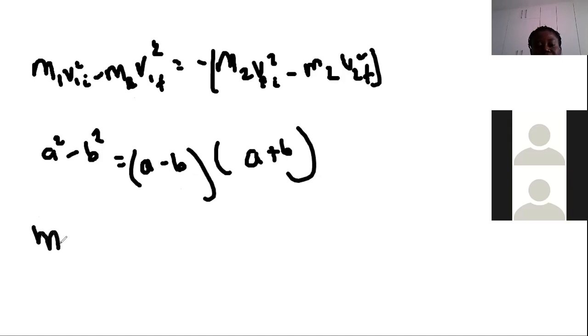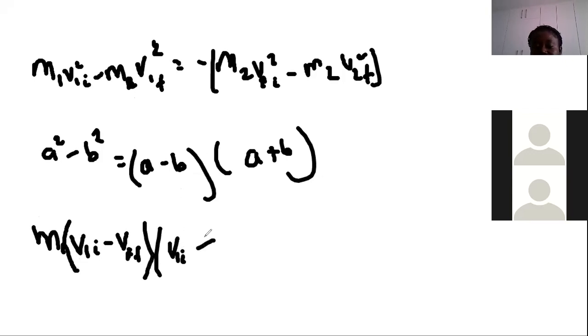So we have m1, and you can factor m1 out: v1 initial minus v1 final, times v1 initial plus v1 final, equals, and we do the same on this side.